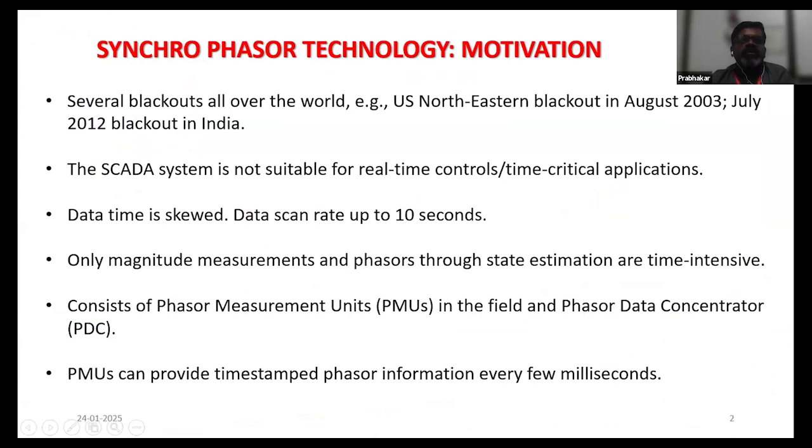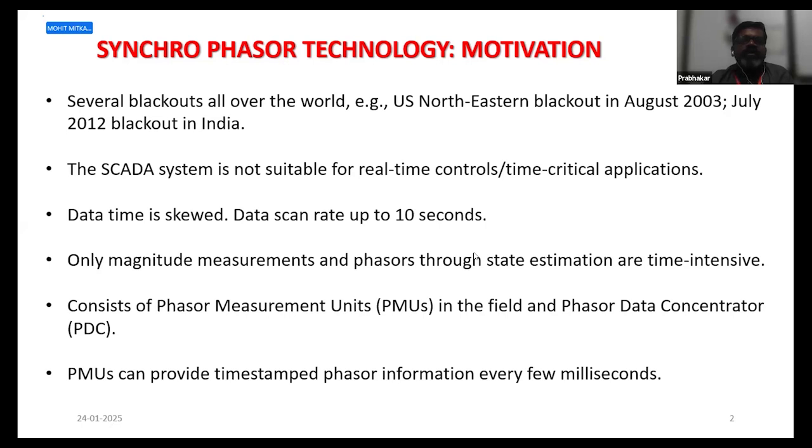Though the developed countries like the US, and including India, still face severe blackouts frequently. And as you know, in 2012, India suffered a very serious blackout, and in 2003, there was a severe blackout in the US.